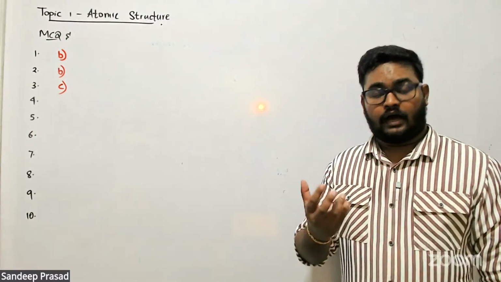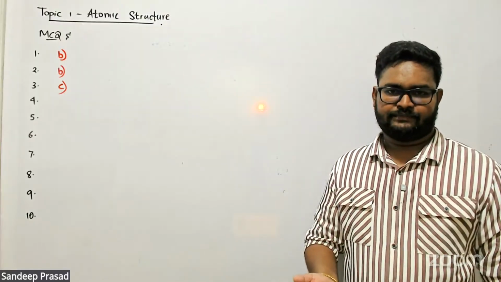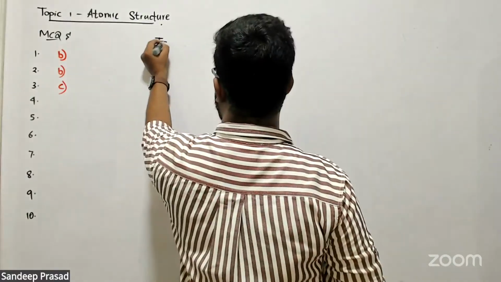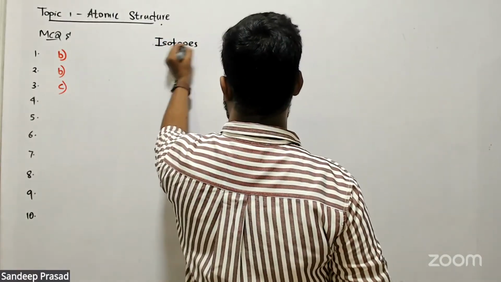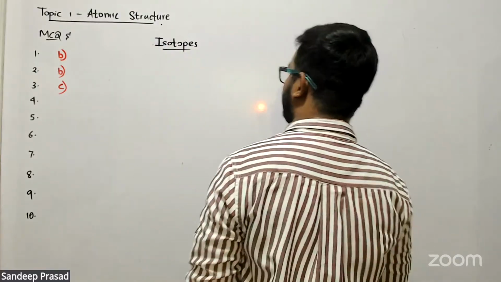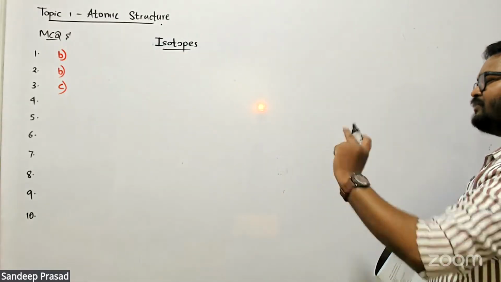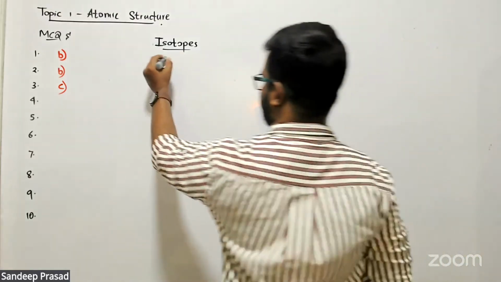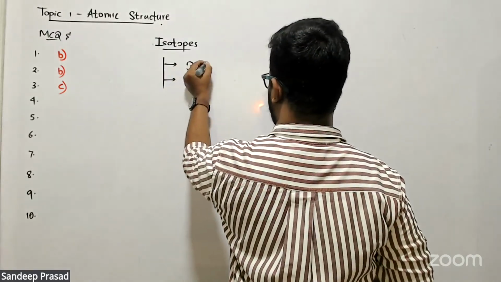Remember, isotope means same atomic number but different mass numbers, right? So when you consider atoms of elements, they can have different mass numbers but same atomic number. Right? So that is the definition for the isotopes.